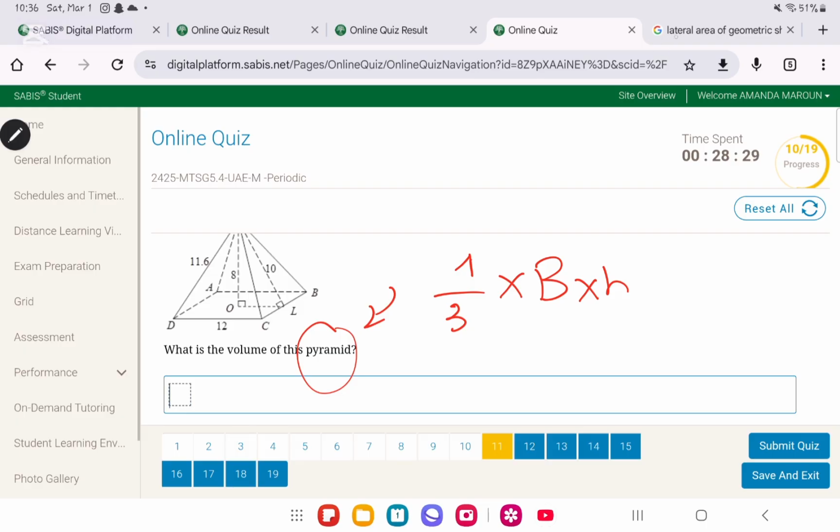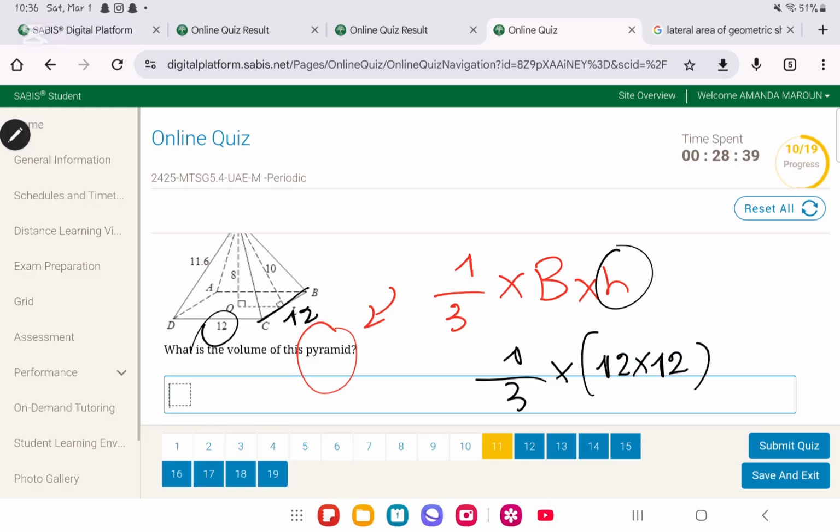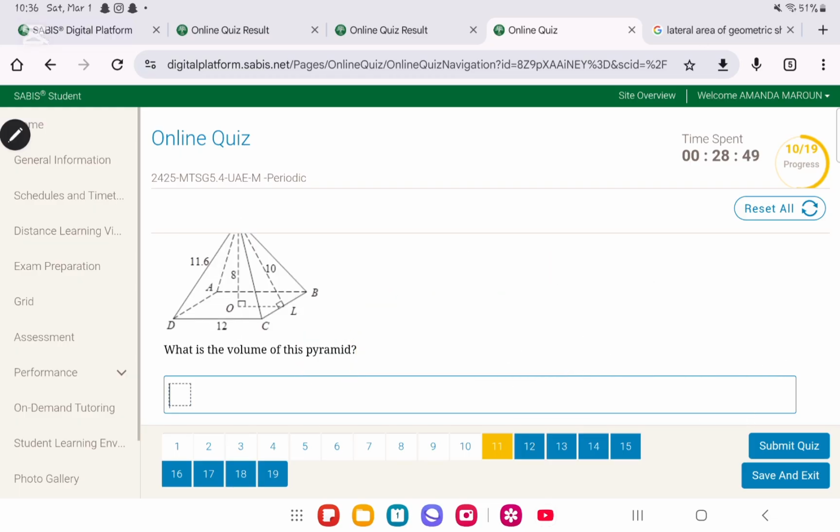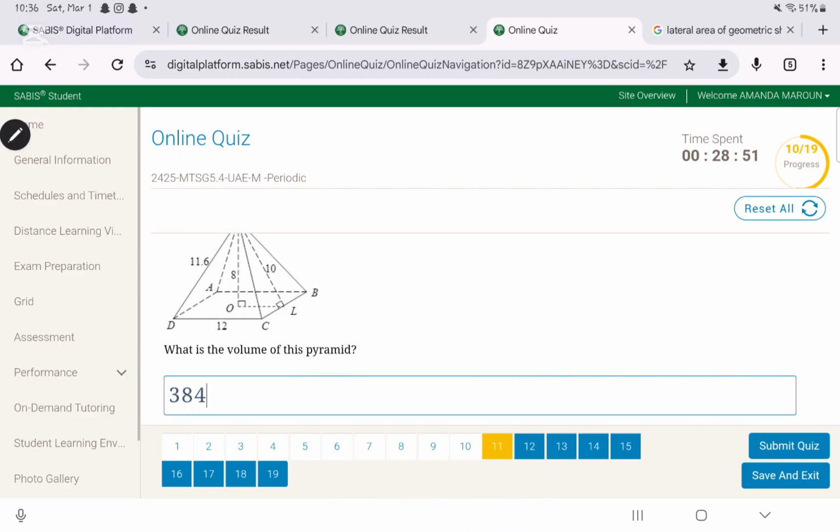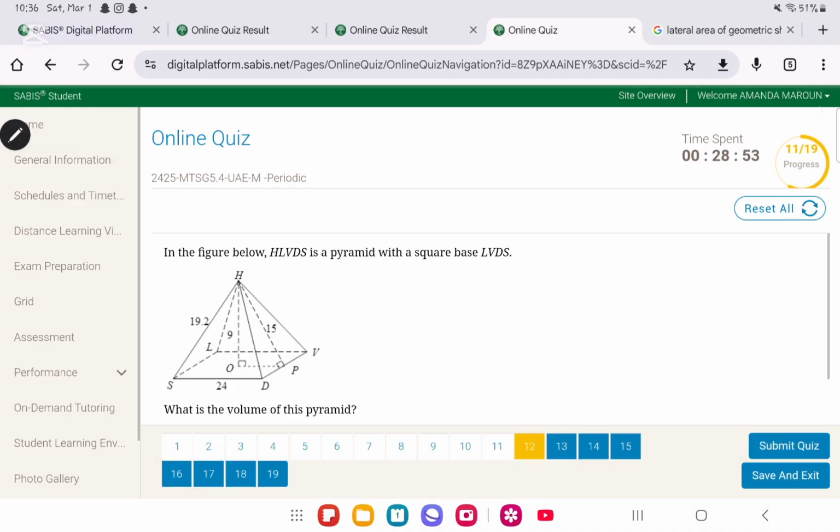So in this case, it's going to be 1/3 times the area of the base. They told us it's a square, so this is 12, this is 12. It becomes 12 times 12 times the height h, which is always the perpendicular one over here, so times 8. You put it on the calculator, you're going to get an answer of 384. We move on to question number 12.